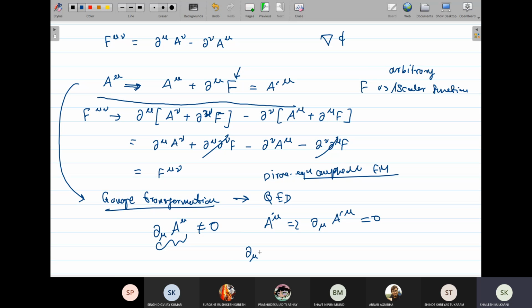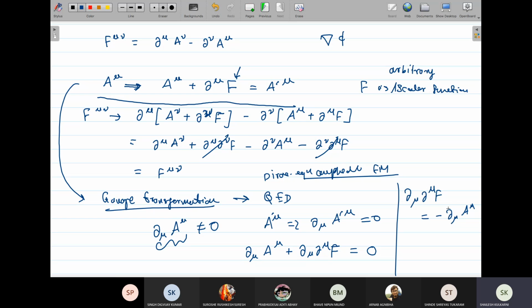For A prime mu, I will substitute this. So it will be del mu A mu plus del mu F. This I demand to be 0. That means I have del mu del mu F equal to minus del mu A mu.